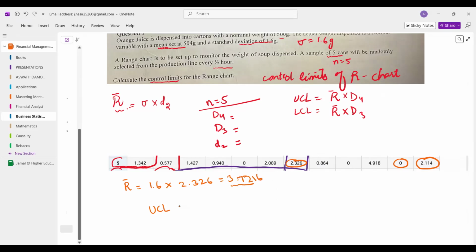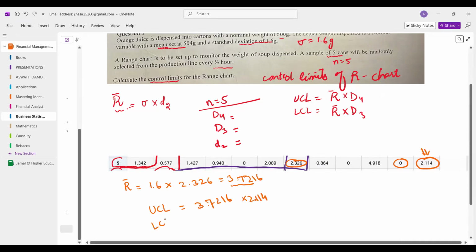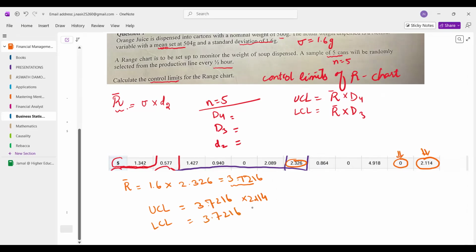So this is my R bar. And for the UCL, it would be 3.7216 multiplied by D4. My D4 is 2.114. And my LCL would be, D3 is 0. So 0 multiplied by any number would get me what? 0. So I'll get 0 here, and there would be some value for the UCL here.